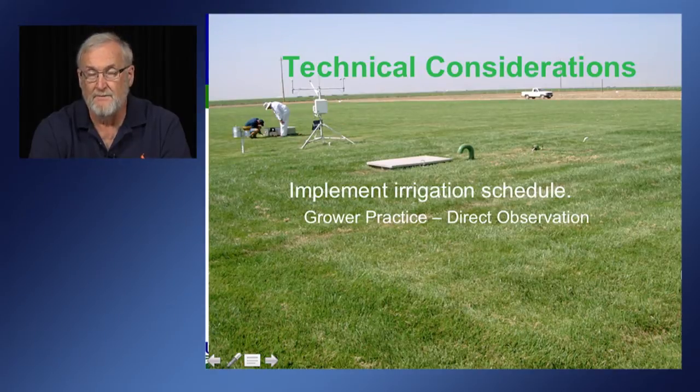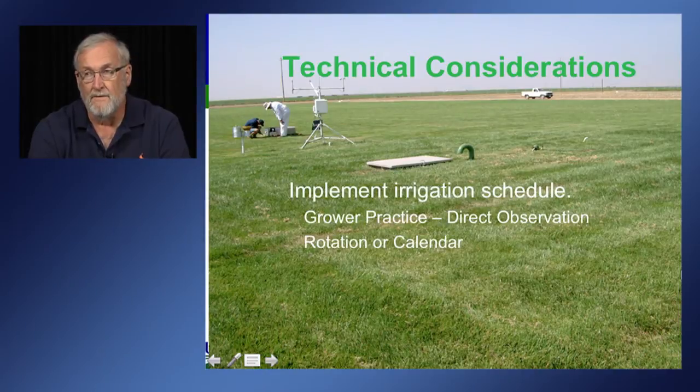This is simply going out, looking at the crop, deciding that it's stressed, or looking at the soil and deciding it's too dry, and then making some sort of judgment as to whether you're going to irrigate and how much you're going to irrigate based on those observations.